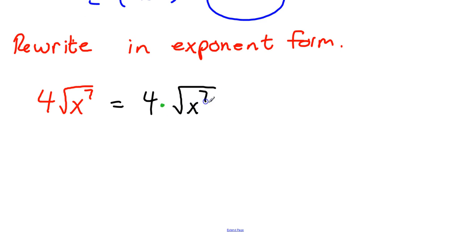If you put that dot in there to give it that separation, the only thing you're going to have to simplify would be this part of it. The 4 is not under the square root, so it stays separate. So for this one, this would be x to the 7 divided by 2, because if there's nothing there, you can just know that that's going to be a 2 for the square root part of it.